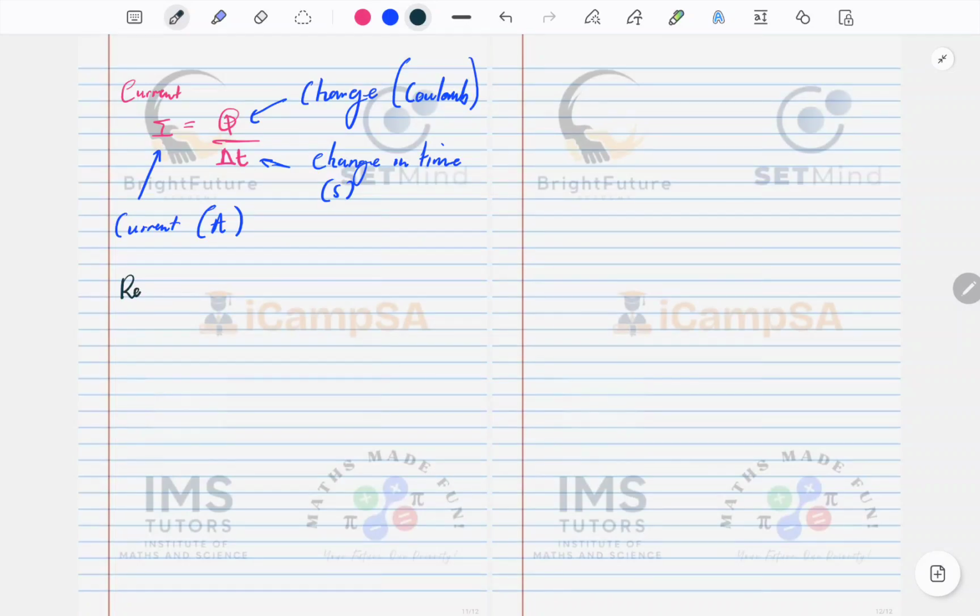Current, rate of flow of charge. Remember the definition so that when they come, you don't have to worry. You get happy. Okay? And then we have these laws here.